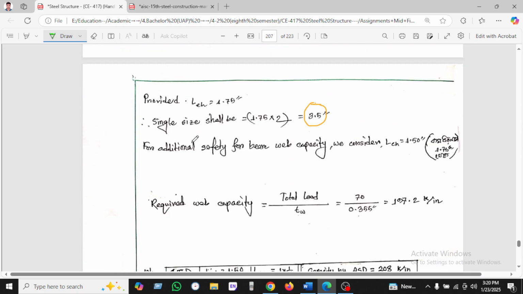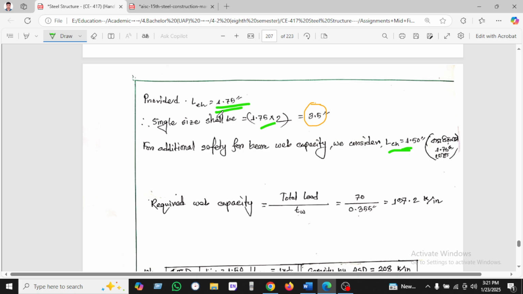So the single size shall be 1.75 into 2, which will be 3.5 inches. And for additional safety of the beam web, the capacity, we consider LCS equal to 1.35.